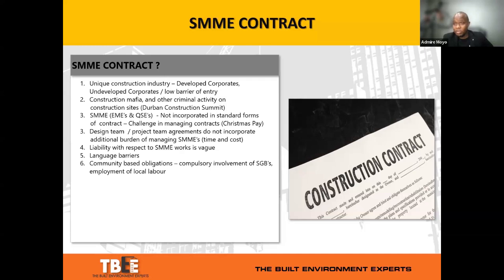We've got some brilliant SMME contractors who can execute contracts. They're good at specific trades, but they're very poor at interpreting a contract because English, for example, is not their mother language. Therefore, they can't assert their rights properly, or they can't invoke certain provisions within the contract.